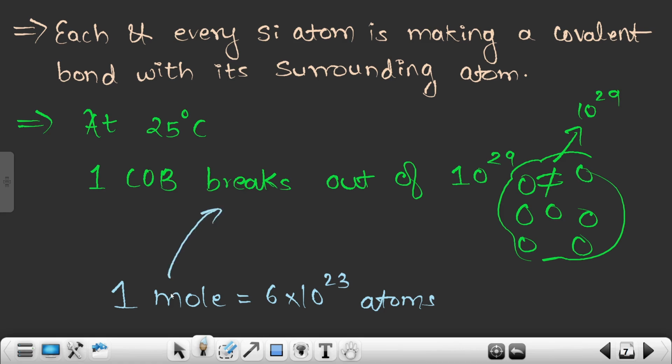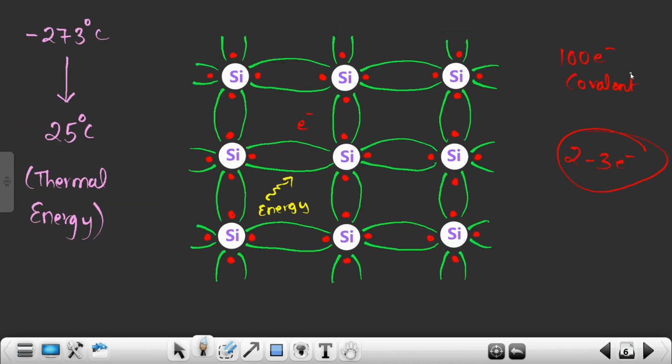Basically we need more than 1 mole of atoms for this one covalent bond to break, because this number is quite high compared to that one. Only one covalent bond breaks out of 10 raised to 29 atoms. It is a huge number. If you have, let's suppose, 2 moles, then maybe only 2 to 3 covalent bonds will break. This is also a wrong idea, just for understanding purposes.